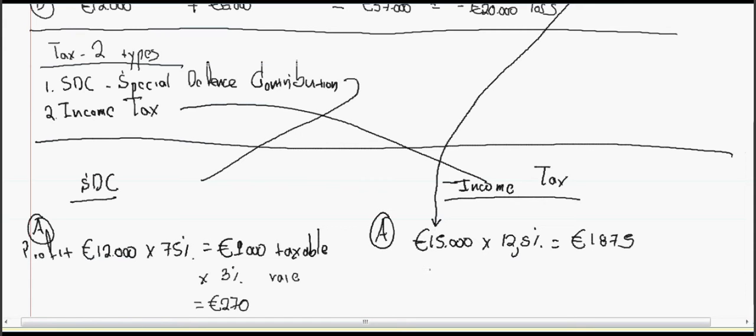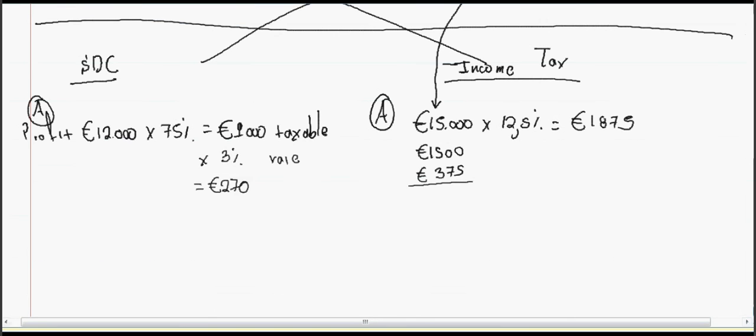We will pay this tax because the company has profits because of the rental income and because of the other income. Now I split this into the rental income and the other income. The other income tax is 375 and the rental income tax is 1,500.